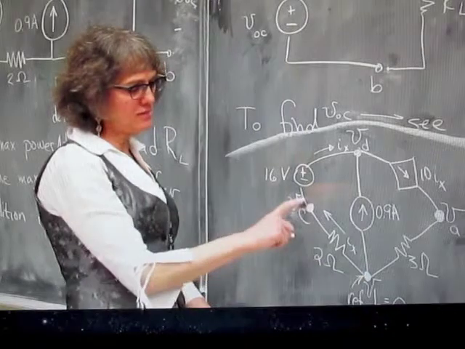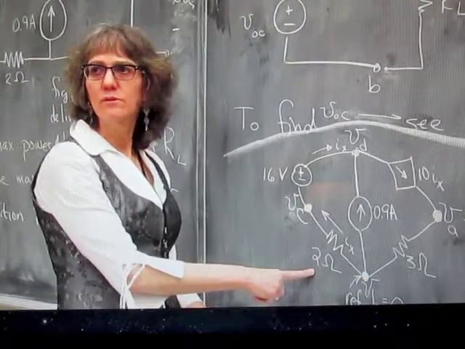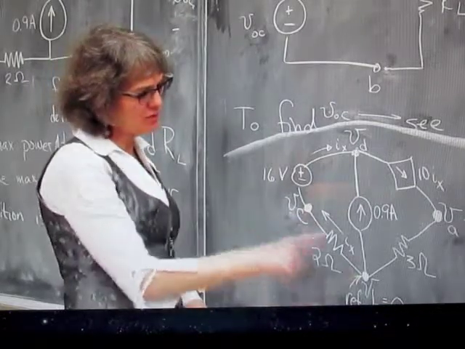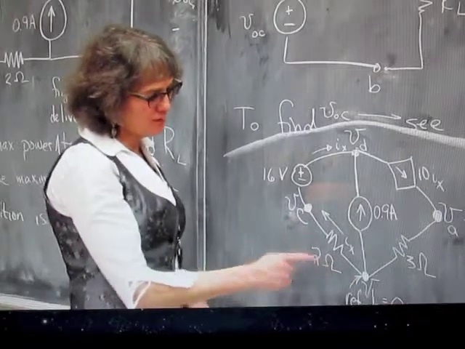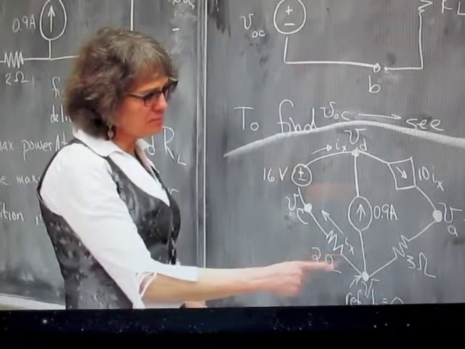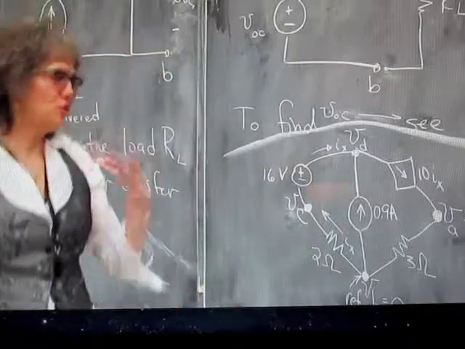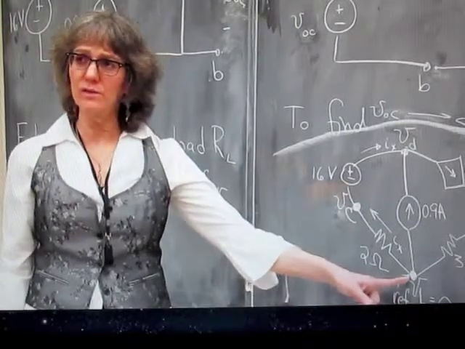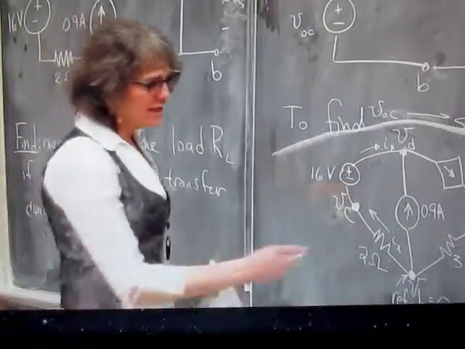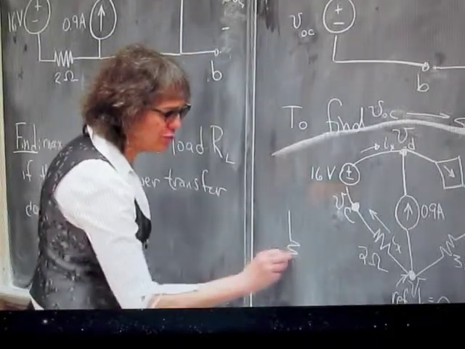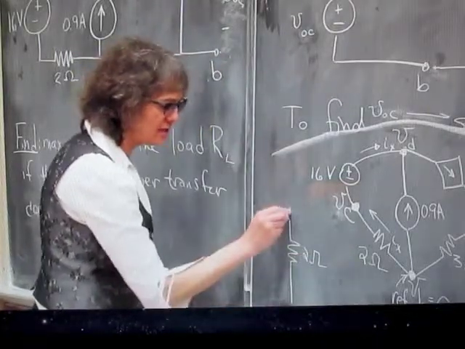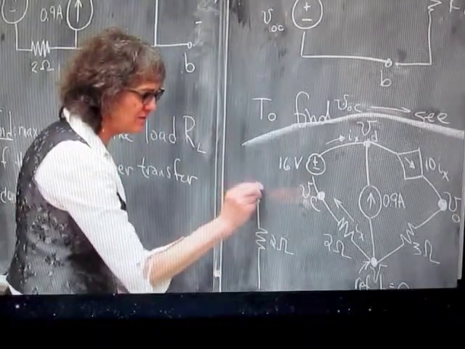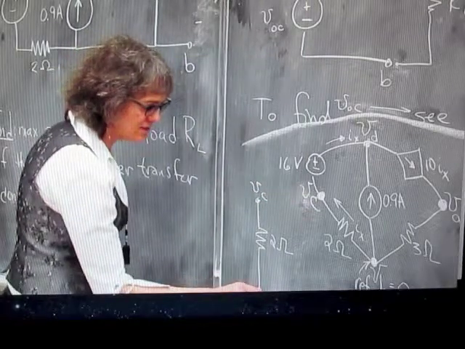It's going to be 0 minus VC over 2. What did you say? Why 16? The voltage across this resistor is 2. Okay, let me just make sure you understand. A node voltage means the voltage of this node relative to ground, relative to the reference node. So it's similar if I were going to draw this 2 ohm resistor here like this, and then this is VC, and then this is the reference.